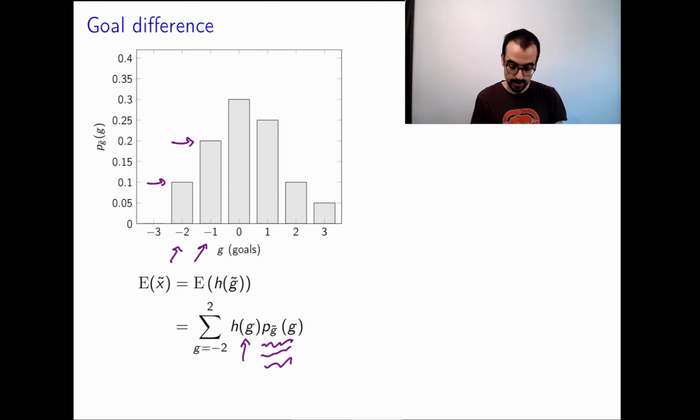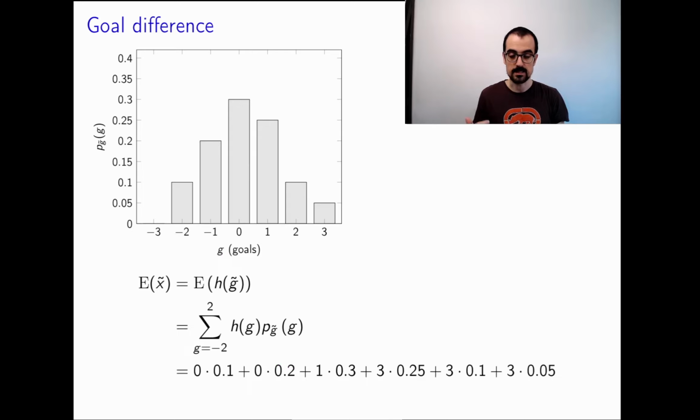Then, okay, 0 corresponds to 1. So we're going to do 1 times the probability of the goal difference being equal to 0, so 1 times 0.3, and then 3 times this, 3 times this, and 3 times this, because all of these correspond to X equals 3.